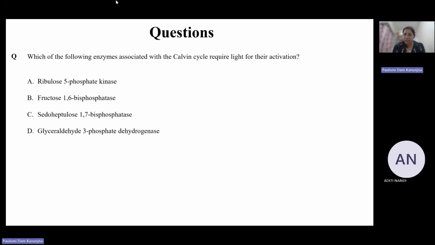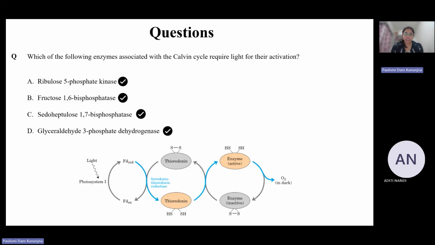I'll give the answer. It's C. I'll give you the answers. Okay, so the answer is all of them, and that's because of this. So you need to know that four of the Calvin cycle enzymes, which are all of these four, are subject to a special type of regulation by light, right?